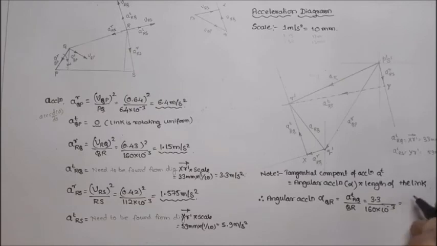So we will be getting a value of 23.12. It is angular acceleration, so it will be radian per second square.